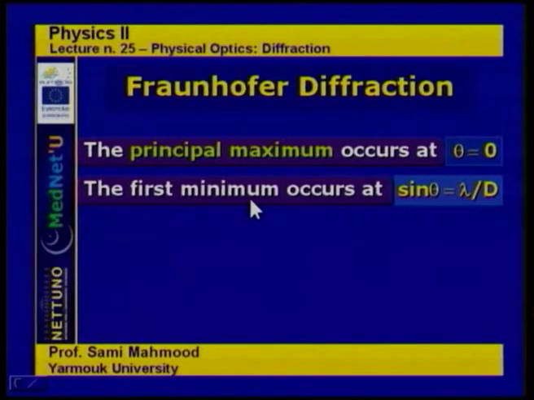The first minimum from the previous condition occurs at sine theta equals lambda over d.